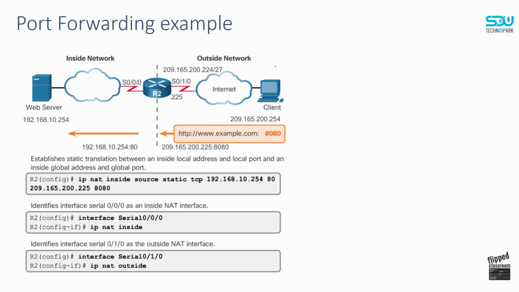Now let's first take a look at the IP addresses of the client and the server. The original IP address of the client is looking like this. The original IP address of the server is looking like this.